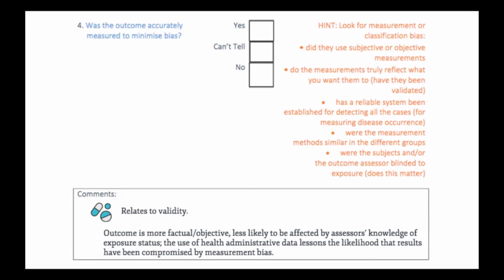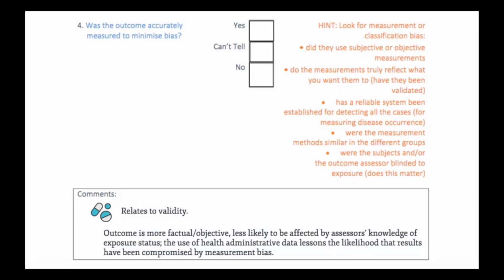This means whether or not assessors knew whether or not a person had or had not been exposed, as if they know this, it might affect their assessment of outcome, particularly in more subjective outcome measurements.